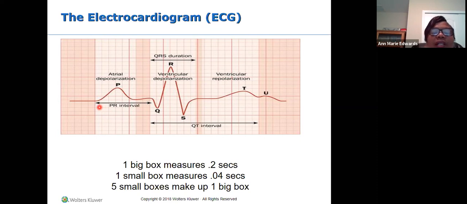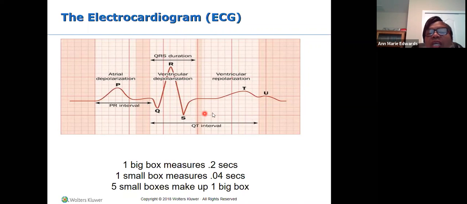So this is your PR interval, from the beginning of your P wave to the beginning of your QRS, okay? So it's PR, it's referring to this R, okay? And then your QT interval is from the beginning of your Q wave to the end of your T wave, okay? So that's your QT interval.